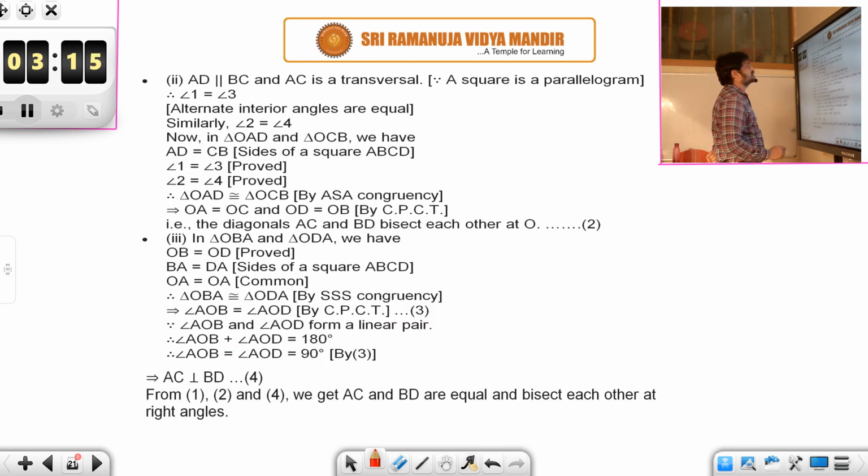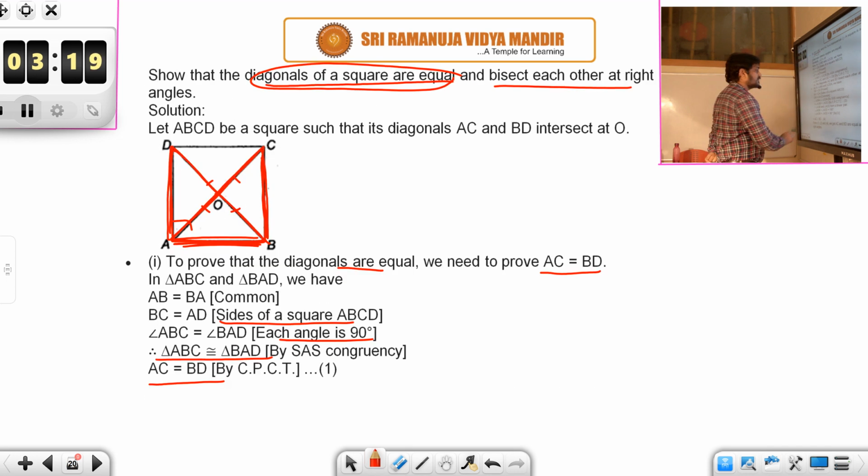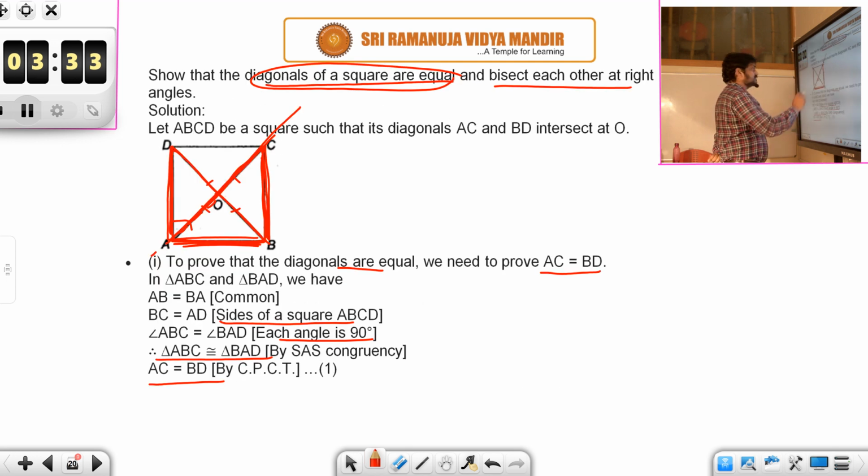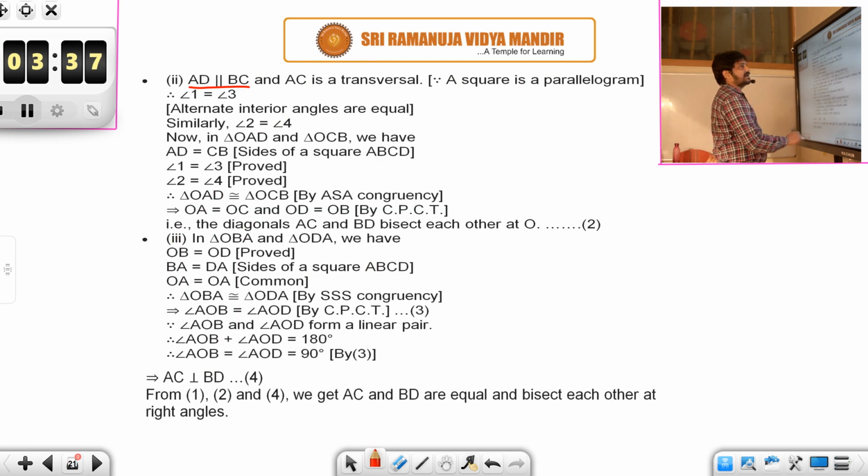To prove this, first of all, AD is parallel to BC, and consider AC as a transversal. Now, a square is a parallelogram. Since this is a parallelogram, we can show that angle 1 is equal to angle 3.